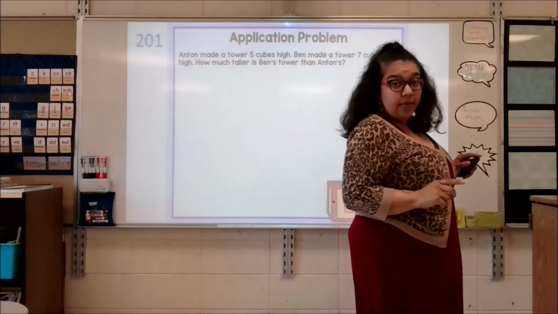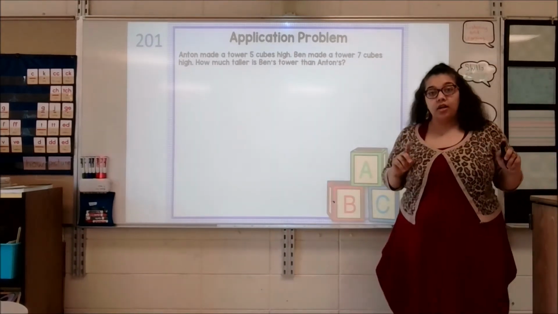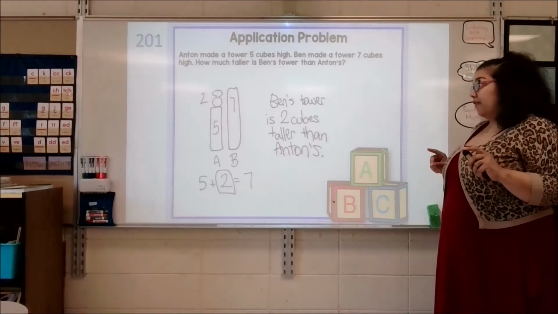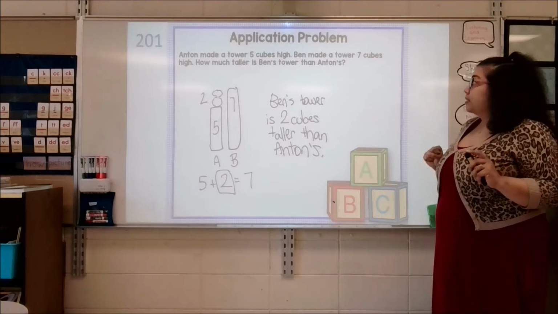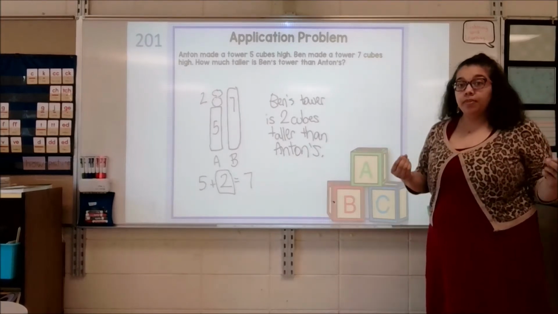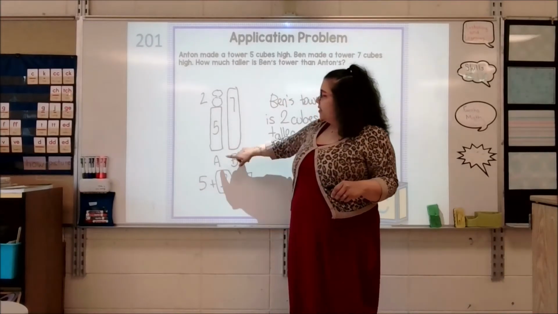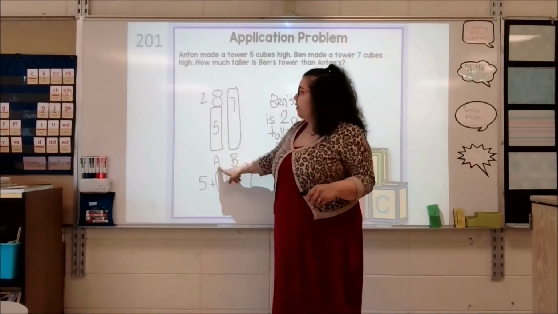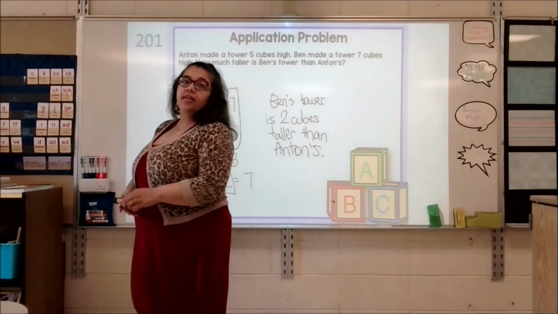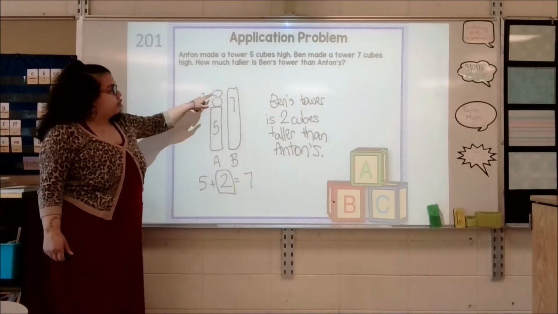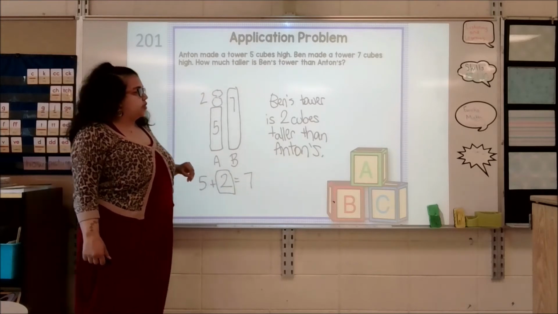All right, great work. Let's compare our results, and this is how I solved the problem. Here we see I have a labeled picture showing Ben's tower of 7 cubes. Then I show Anton's tower of 5 cubes. And then in my picture, I show the difference between the two.